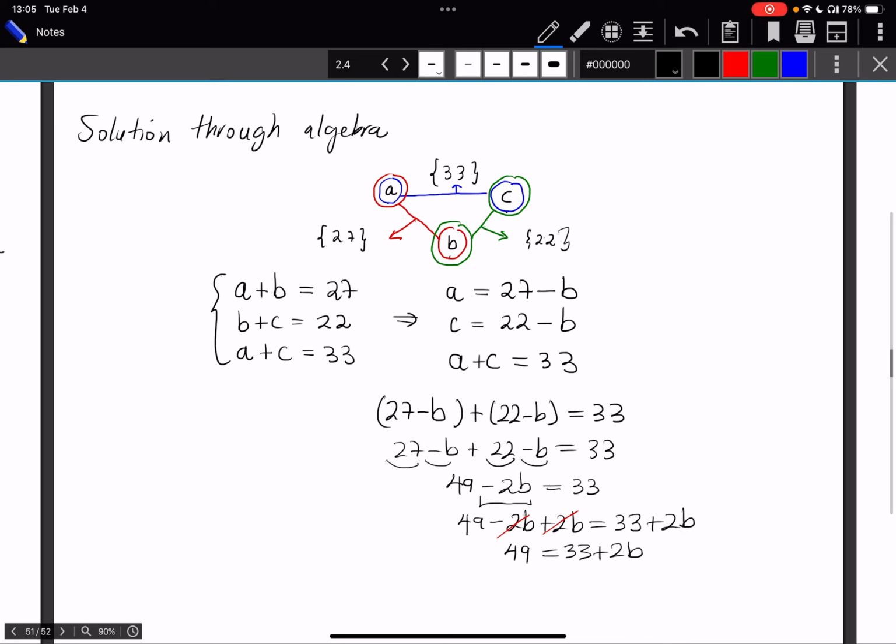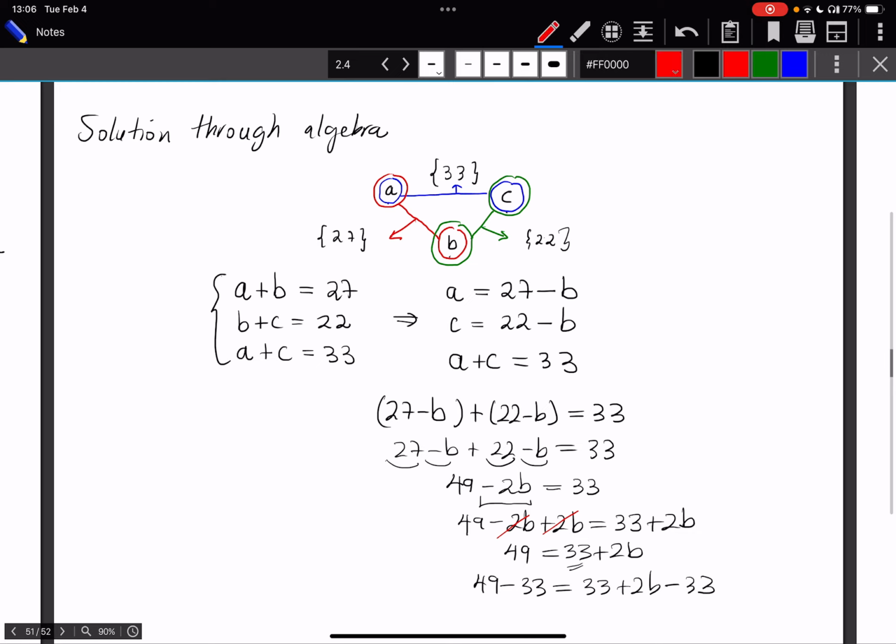And we're trying to isolate B. So let's get rid of this 33 besides the 2B. We're going to subtract 33 from both sides of the equation. So we get 49 minus 33 equals 33 plus 2B minus 33.